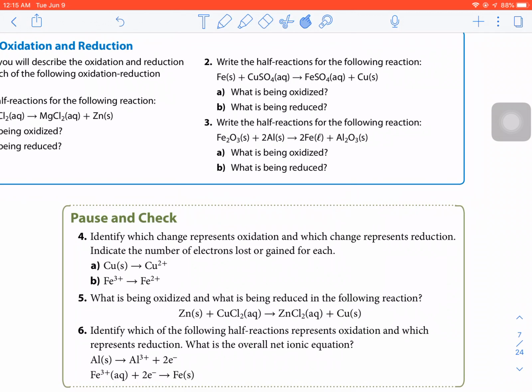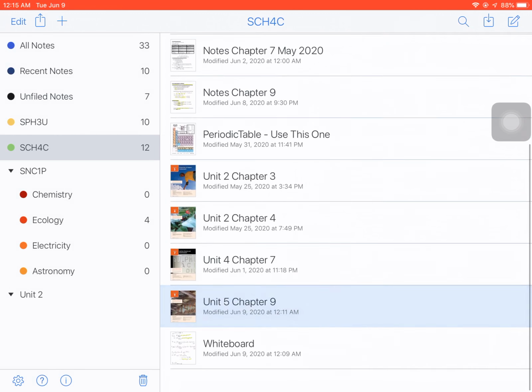That looks at the redox reaction involving iron 3 oxide and aluminum. So let's go to our whiteboard here. And let's start with the mini activity question 3 on page 328.